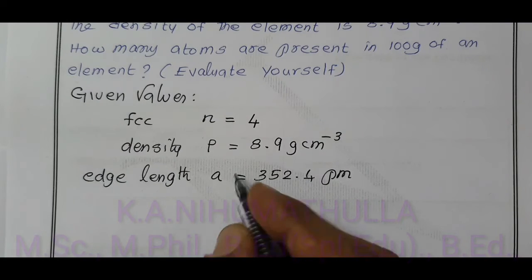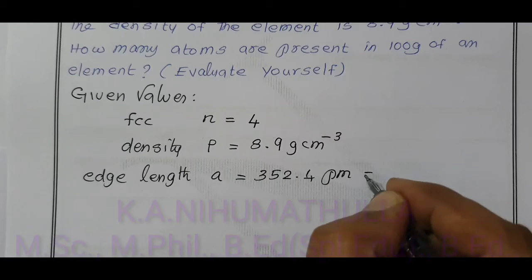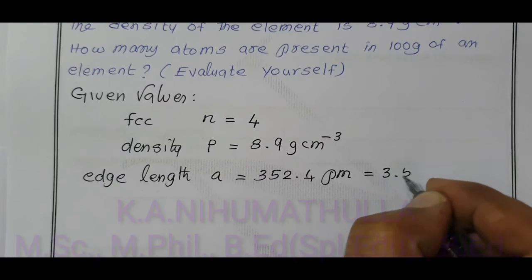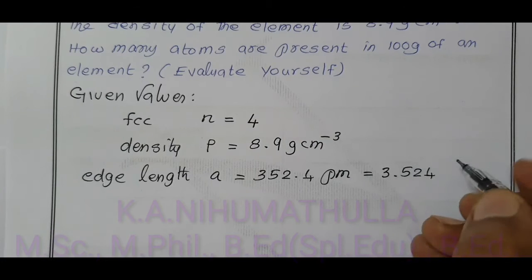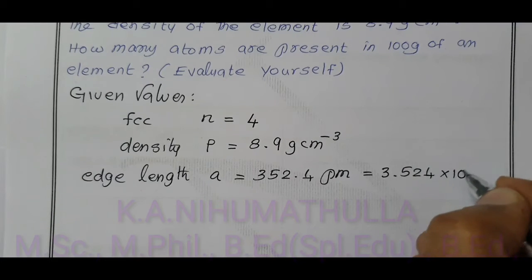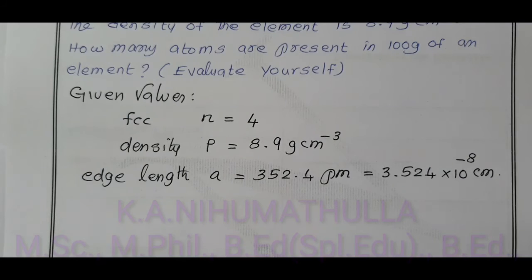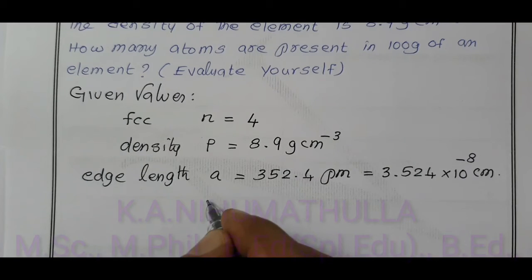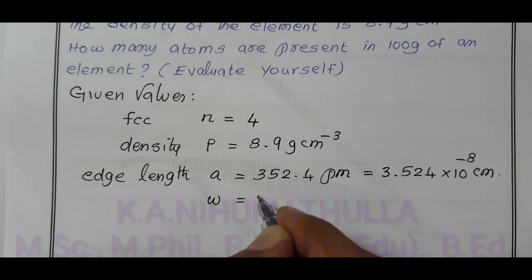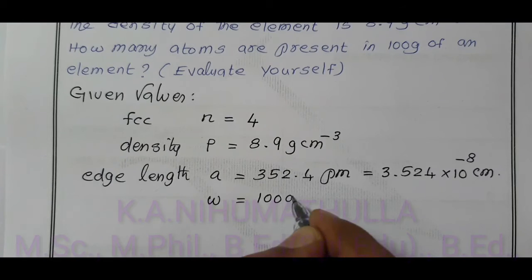To write this in scientific notation, this is equal to 3.524 into 10 power minus 8 centimeter. This is our edge length. The mass of the element is also given, that is equal to 100 gram.